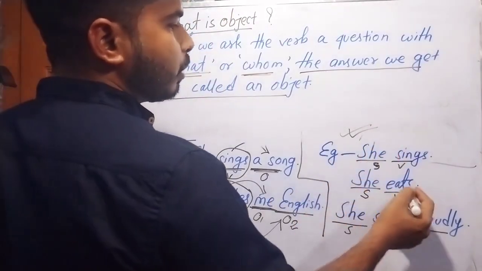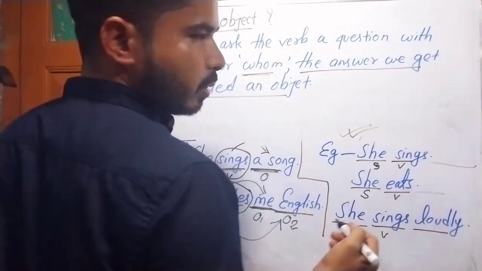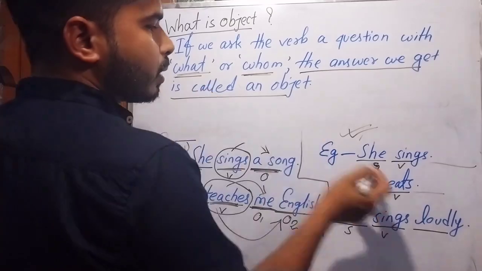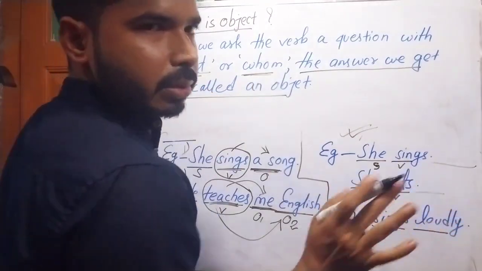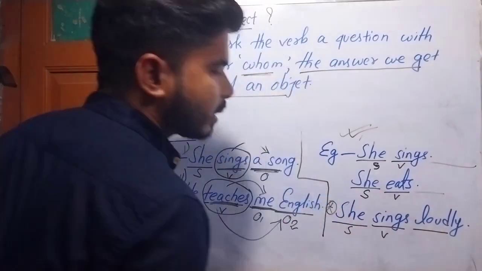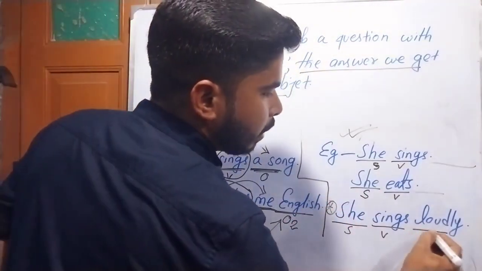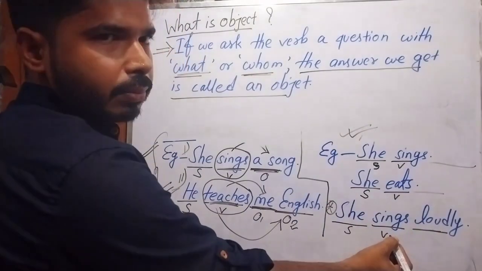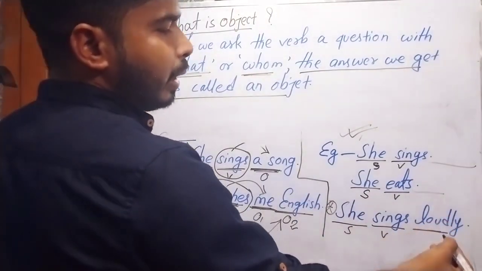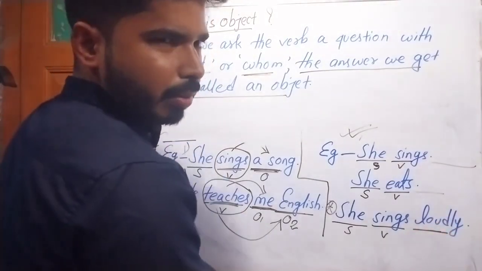In the same way, in the second example, there is no object also. But for clarification, we can ask what it's, whom it's, no answer. But in the third example, we are seeing a remaining part except the subject and the verb. And that remaining part may be an object or not.